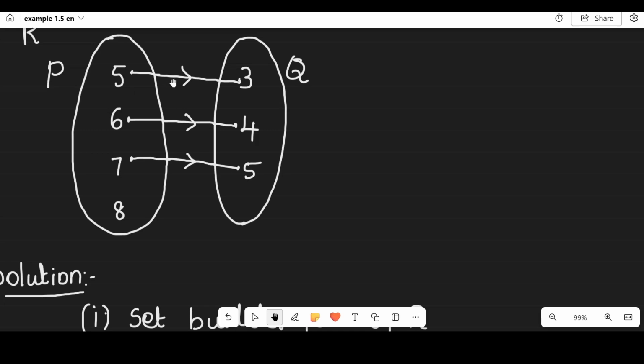Here the difference of 5 and 3 is 2, right? The difference of 6 and 4 is 2, and the difference of 7 and 5 is 2. 5 minus 3 is 2, 6 minus 4 is 2, 7 minus 5 is 2. So the difference of each and every pair is the same.